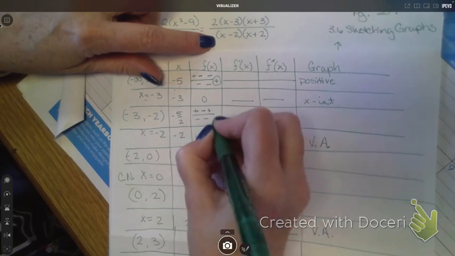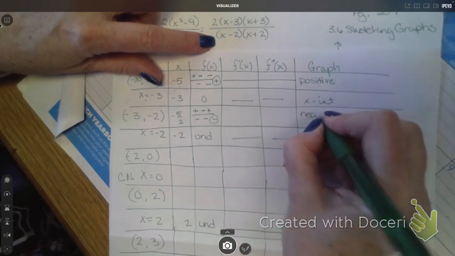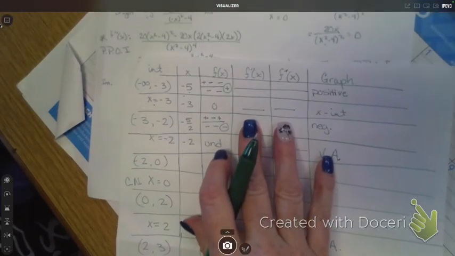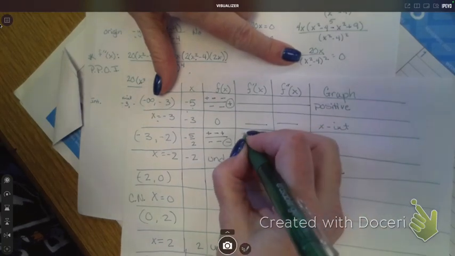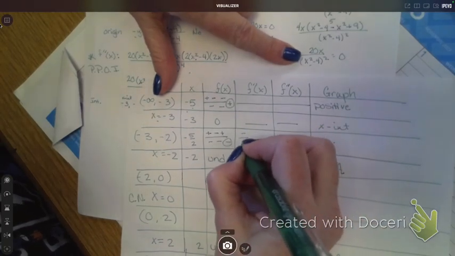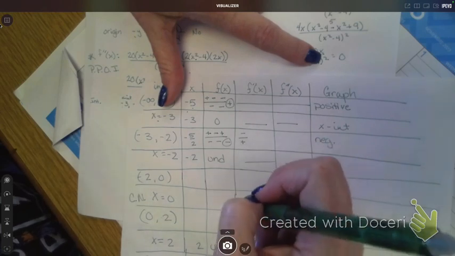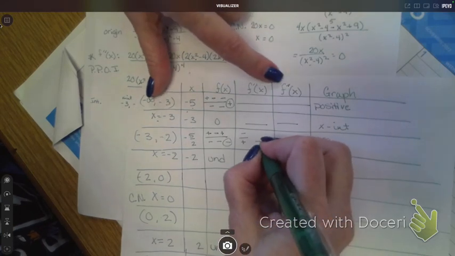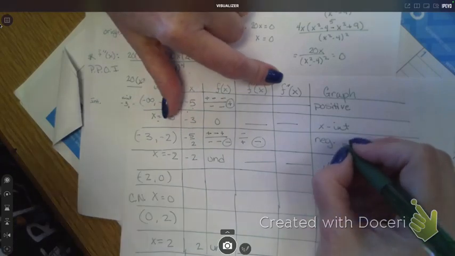So the whole thing would be a negative. Okay, so it's negative. Okay, we're going to go first derivative. So I would get a negative over a positive. Don't even have to plug it in because I'm squaring it, right? See that? So the whole thing is what? Negative. So that means the graph is decreasing.